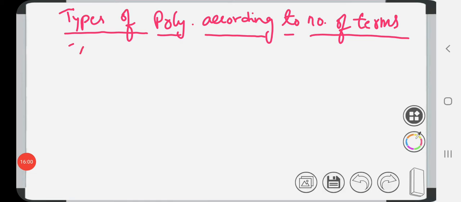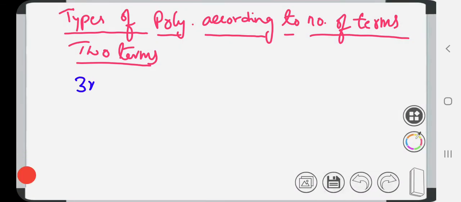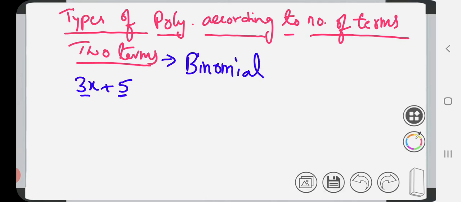If there are two terms, for example, if I write 3x plus 5, this is the first term, this is the second term. Therefore, when it has two terms, that is called binomial. Based on the terms, it has two terms, therefore it is binomial.